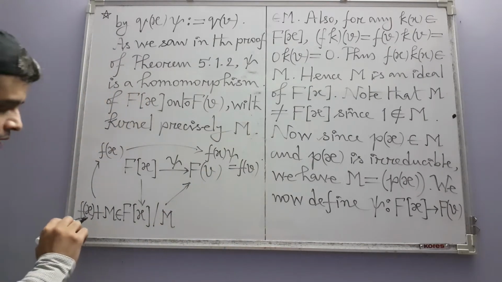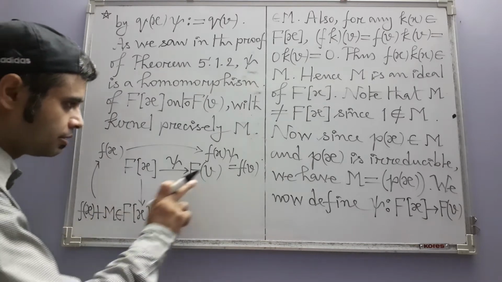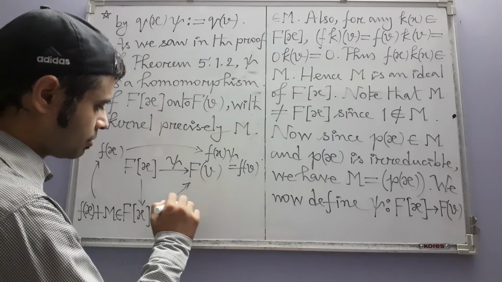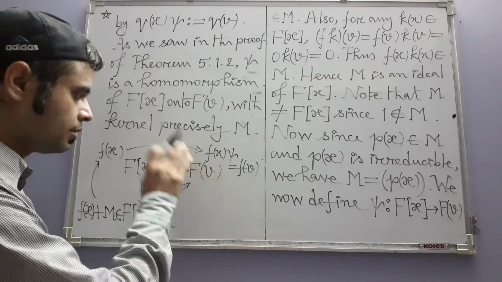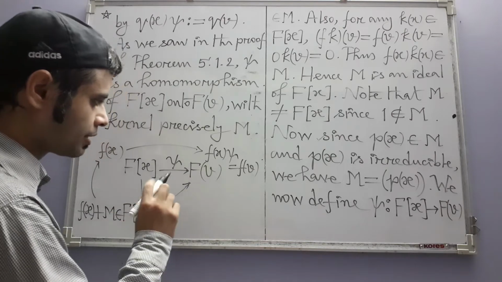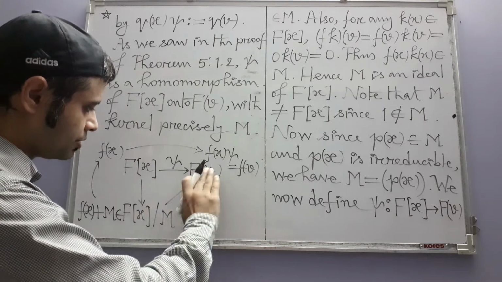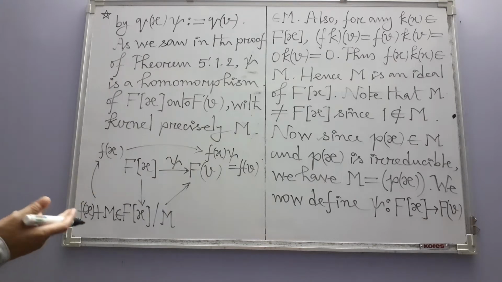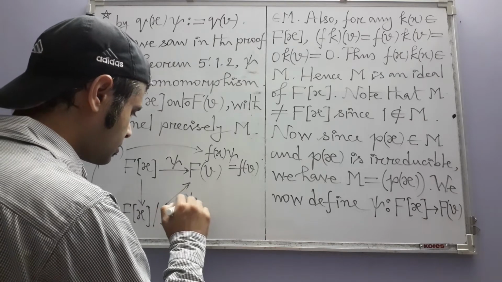This maps the coset onto the field element f(v), and that turns out to be the isomorphism, as in the isomorphism theorem in the chapter on groups. So these two are isomorphic, and in the case of rings the similar thing happens. This we are going to call psi star.